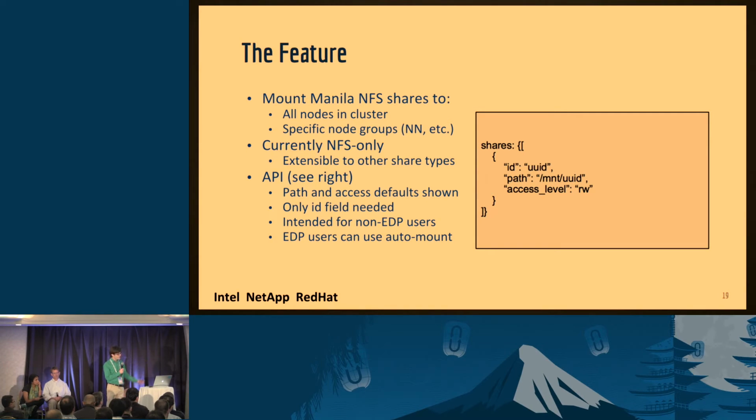This API actually is only required for users who aren't intending to use Sahara's EDP features, it should be noted. If you are using Sahara's EDP features, as we're about to go over, when you create a job binary or a data source in Sahara, Sahara will automatically mount the appropriate share for you, and you don't have to worry about it.